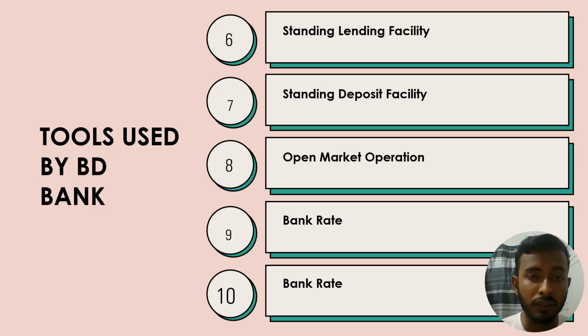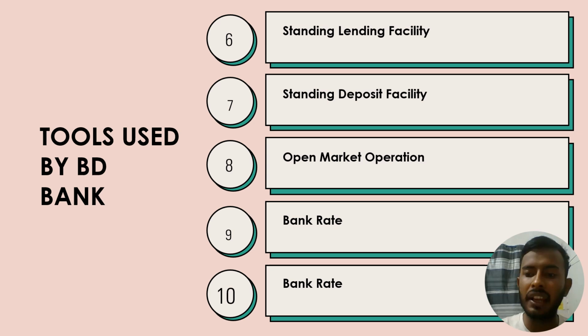And the sixth is the standing lending facility. Standing lending facility is a short-term emergency loan from Bangladesh Bank to commercial banks, given when a bank faces a sudden shortage of money. The seventh is standing deposit facility.